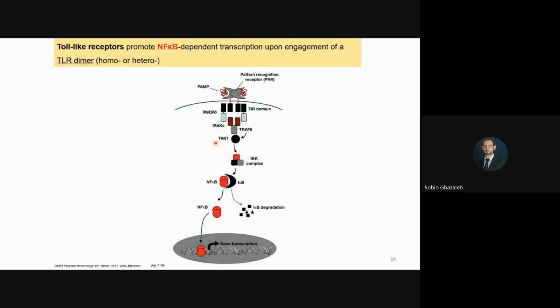I think we might leave it to the next lecture to introduce the idea of how the toll-like receptors signal. Okay, I'll introduce the idea. Pathogen-associated molecular pattern, pathogen recognition receptor. Toll-like receptors use this pathway to signal through.